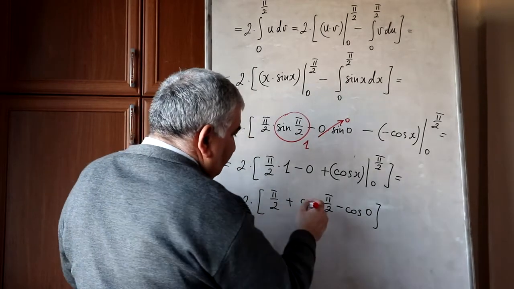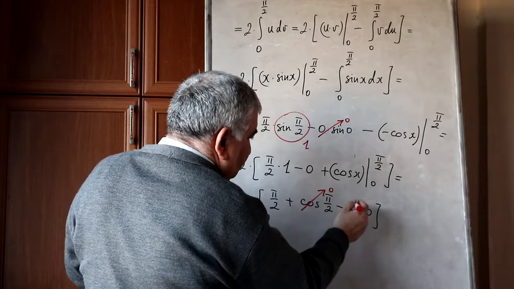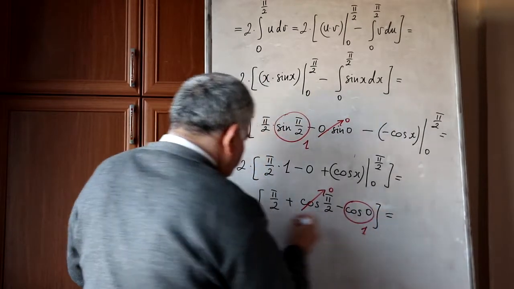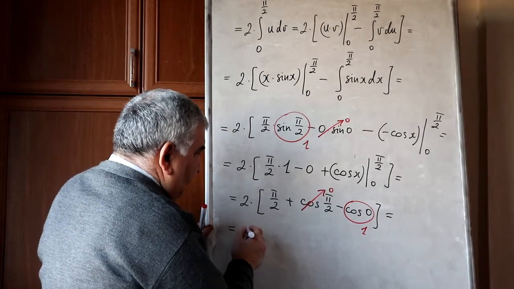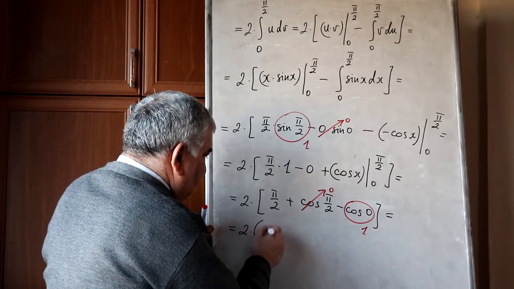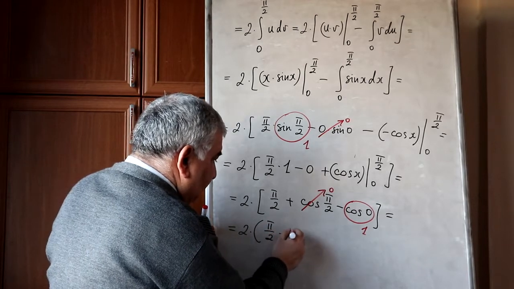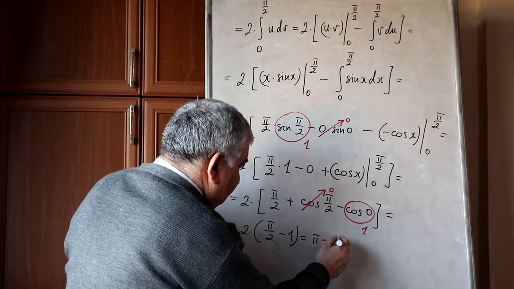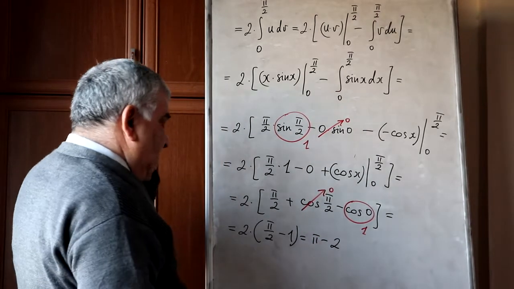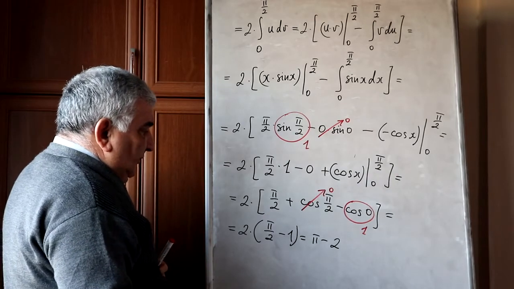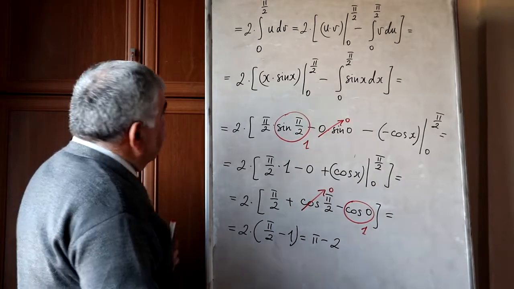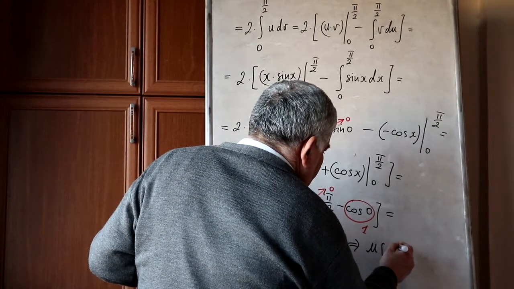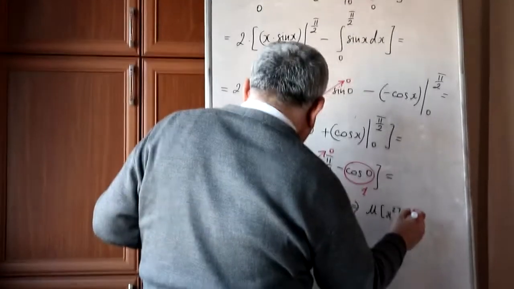Cosine of pi in half is 0 and cosine of 0 is unit. Then we have equals 2 multiplied by pi in half minus 1, then it is pi minus 2. Therefore, mx squared is pi minus 2.